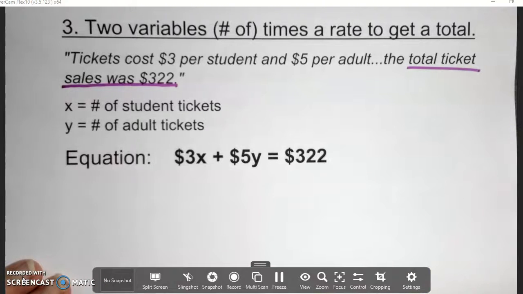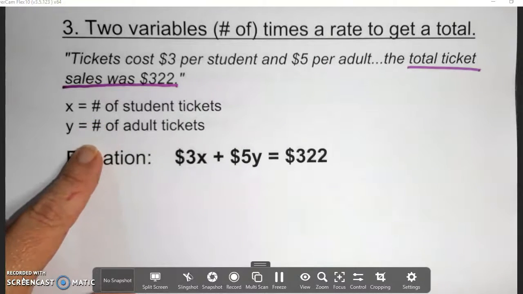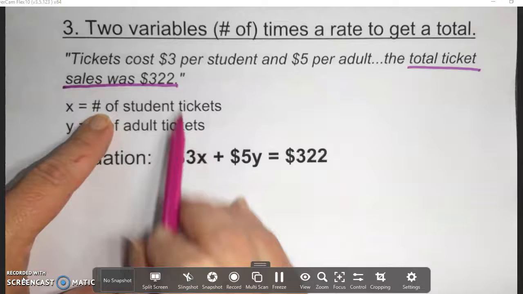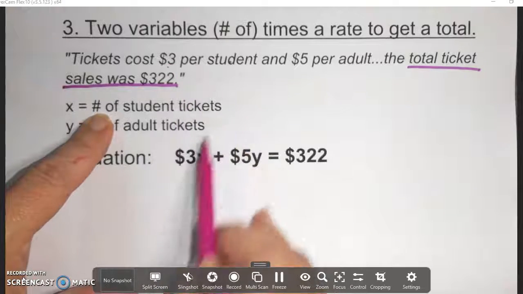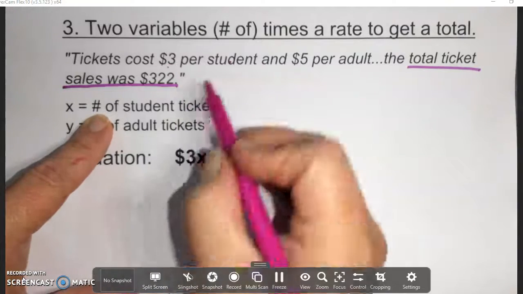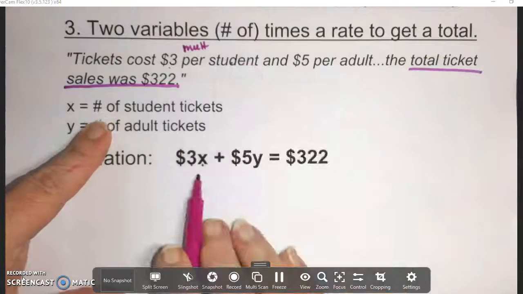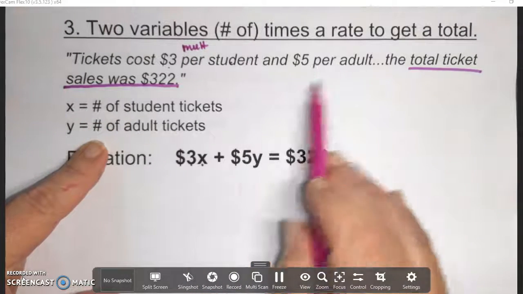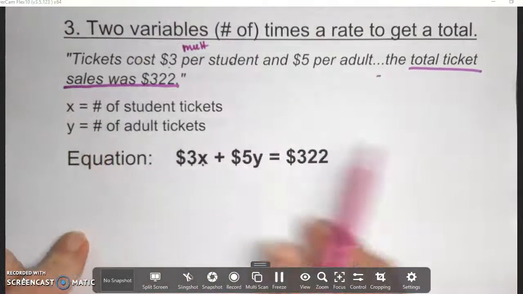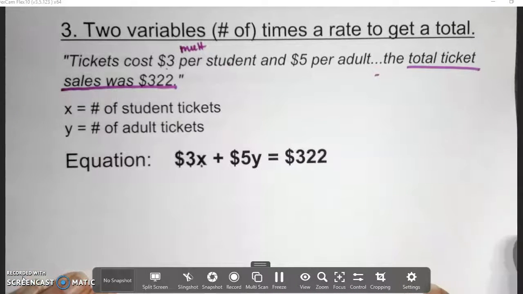Again, X is our number of student tickets, Y is our number of adult tickets. The cost of a student ticket is $3 per student, 3 times X. Per is going to mean to multiply. Okay? $5 per adult, 5 times Y, equals the total, $322.